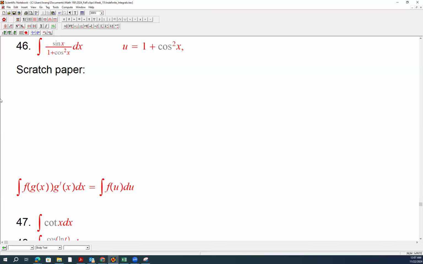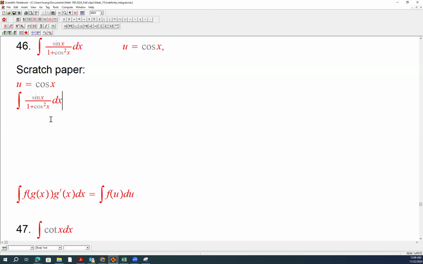Then how about we introduce u equals cosine x? I'm thinking, u equals cosine x. Why am I thinking of that? It's just a flash of thought going through my mind. And the bottom here, I'm just going to scratch it out for you.